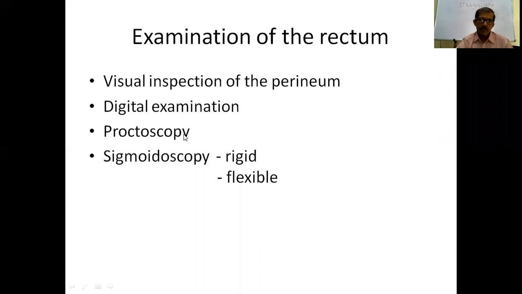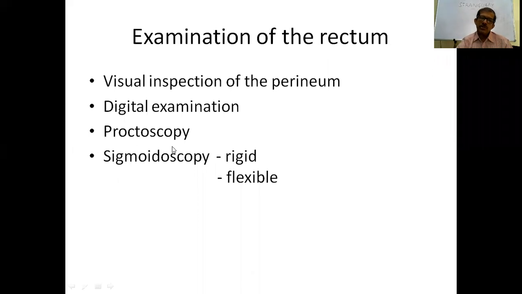Otherwise, with the available proctoscopes, we have to arrange for lighting also. With the proctoscope, you can visualize all lesions of not only the anal canal, middle and lower rectal lesions can also be nicely seen. Maybe a rectal polyp, maybe carcinoma of the rectum.